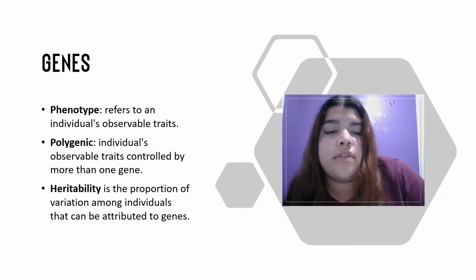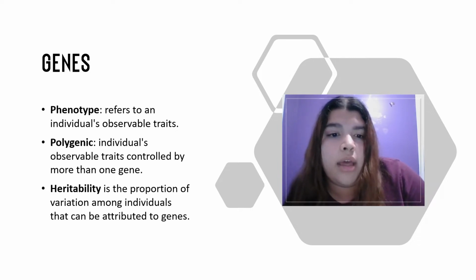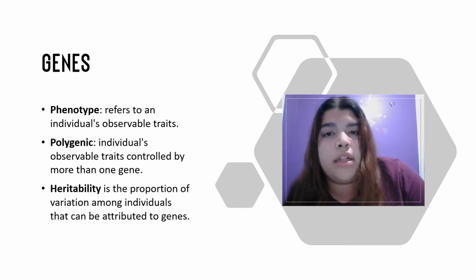That is an individual's observable traits controlled by more than one gene. An example of polygenic can be height, eye color, skin color, etc. And third, we have heritability, which is a statistical representation, and it's basically the proportion of variation among individuals that can be attributed to genes.